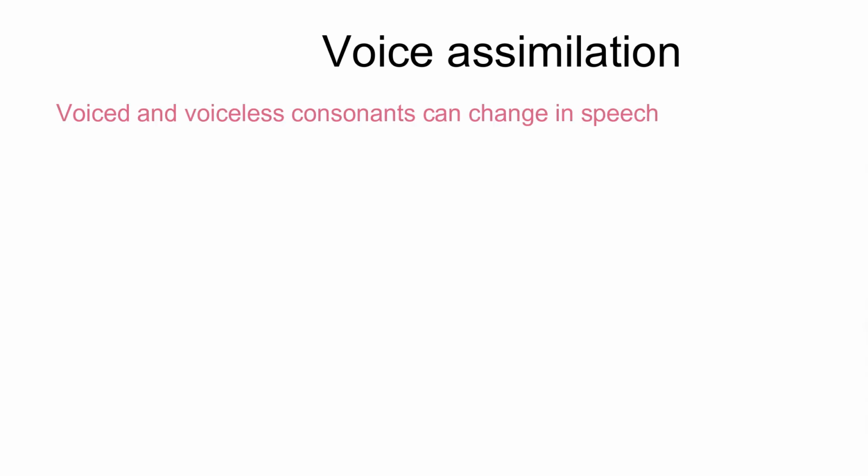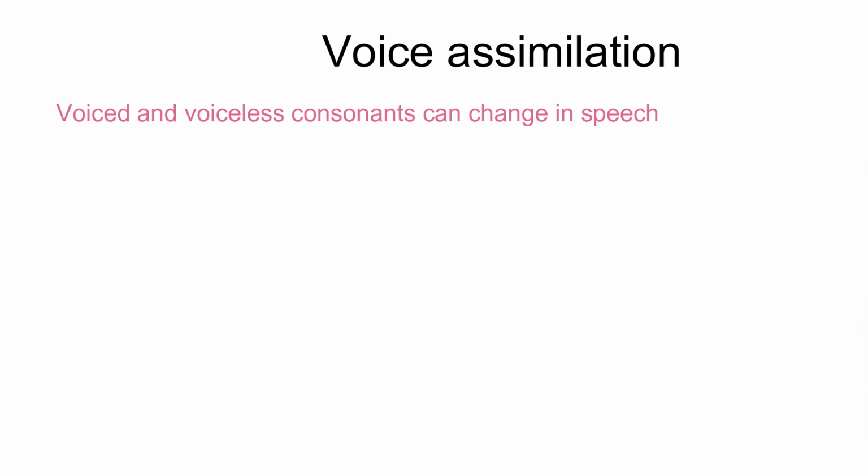Voice assimilation. When we consider each phoneme independently, we can decide whether the sound is voiced or voiceless. While there is this canonical distinction between voiced and voiceless consonants, this distinction is not always kept in actual speech situations.